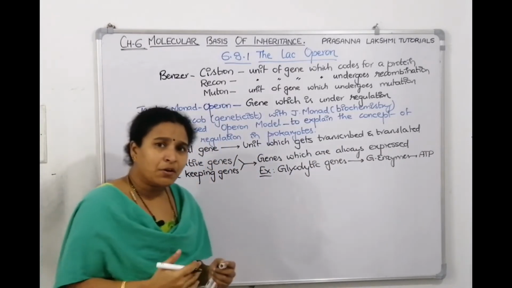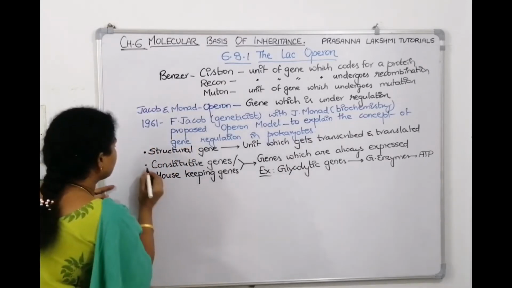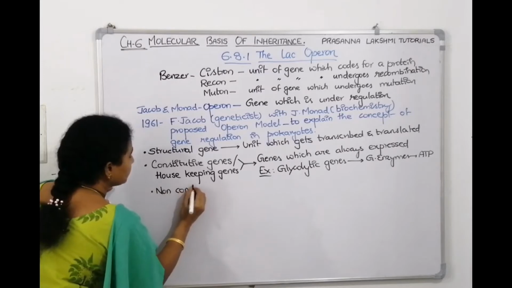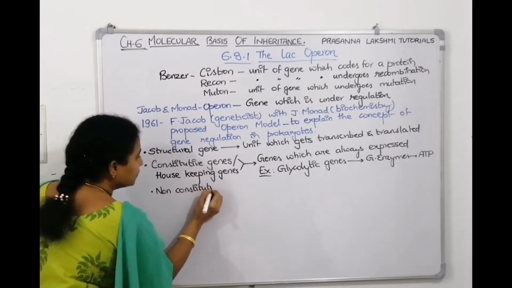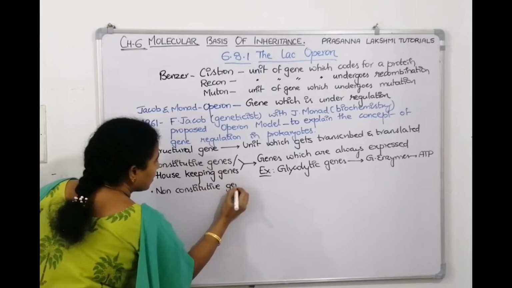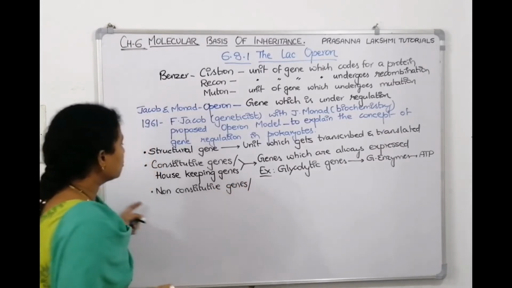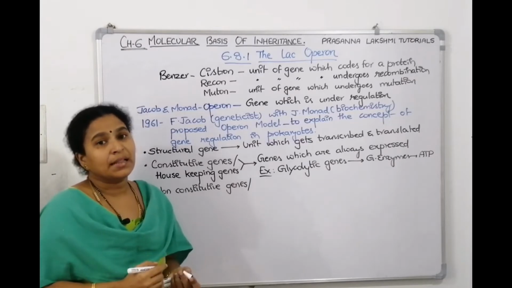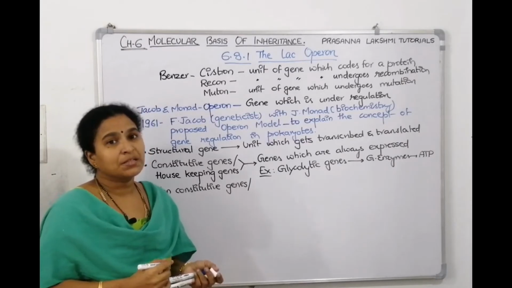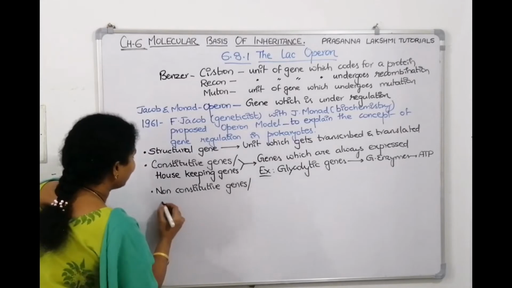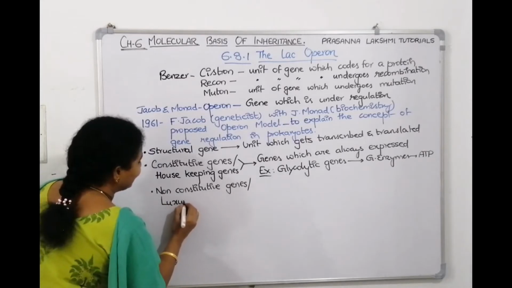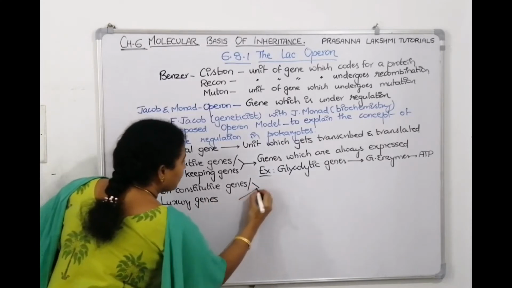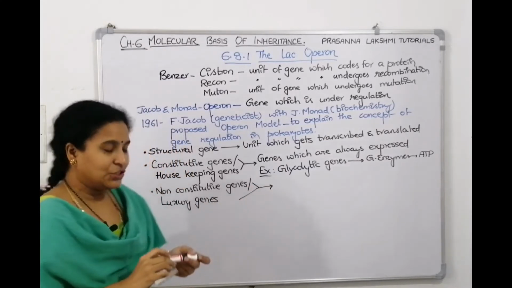Now, let us see the other way also. Non-constitutive genes we will see. The next one is non-constitutive genes. If constitutive genes are housekeeping genes, which are always expressed, then you can say that non-constitutive genes are luxury genes. So, what's the other name? They are called luxury genes. Now, what do you mean by luxury genes?